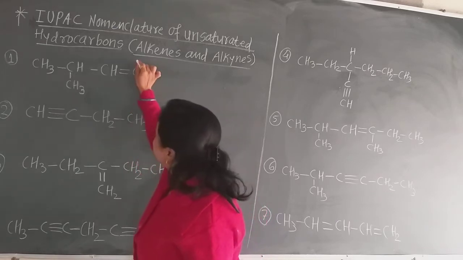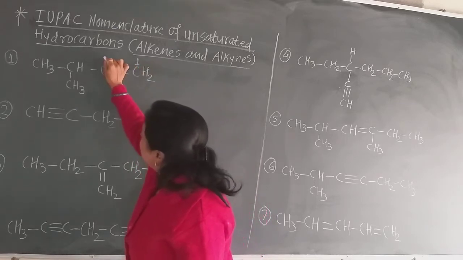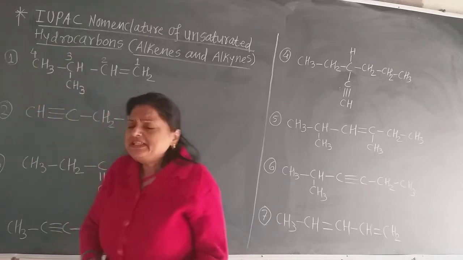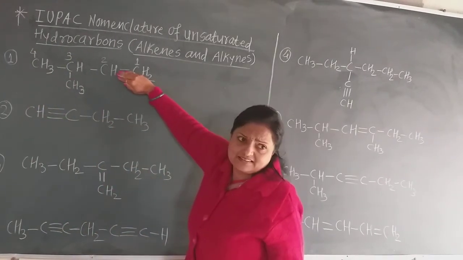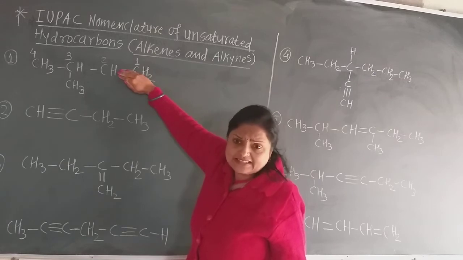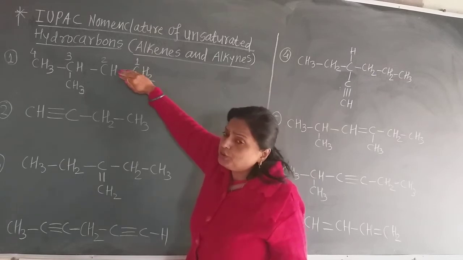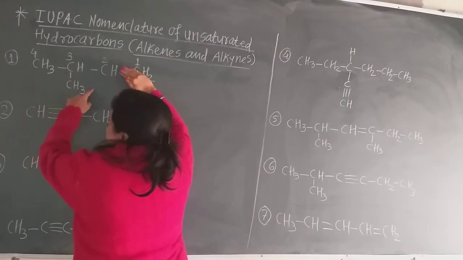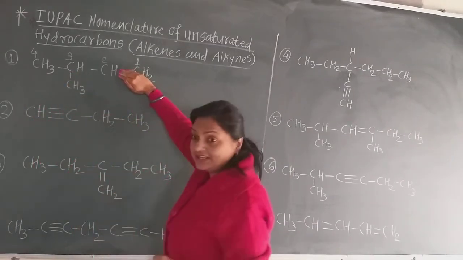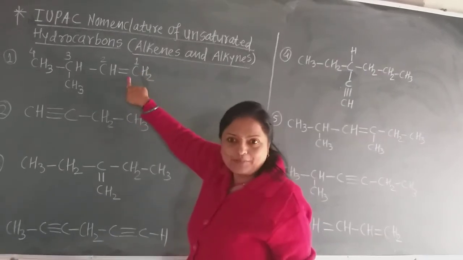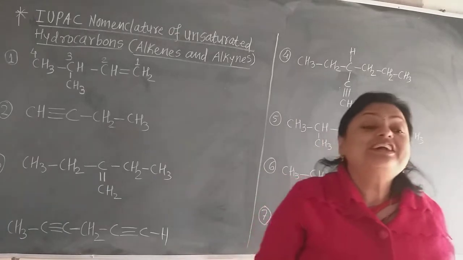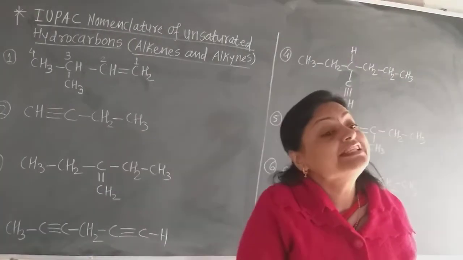So this is carbon 1, 2, 3, 4. If this were only an alkane, with single bonds, then from which side would we number the carbon? From this left hand side, because this alkyl group is near to this. But as it contains a double bond, always number from that side where the double or triple bond is nearer.